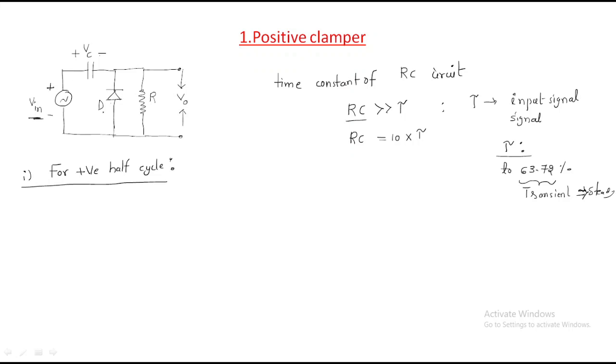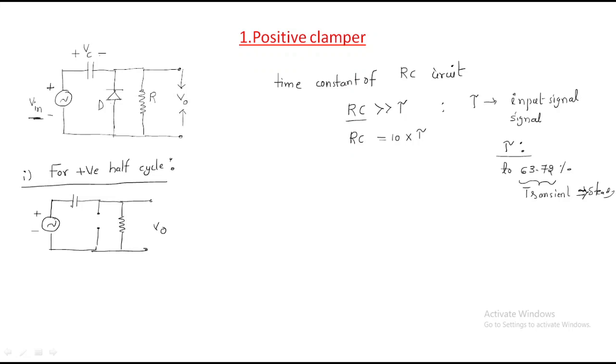That's why the diode is reverse biased. Reverse biased means the circuit will become like this: the diode will be open circuited, this is the capacitor, and here we have the load, and this will give the output.